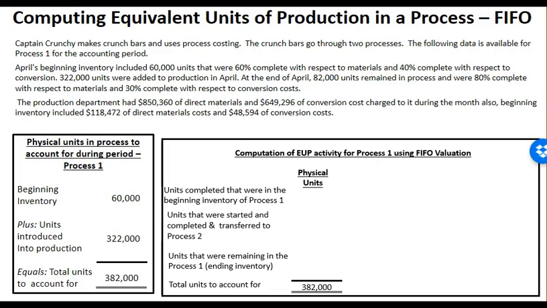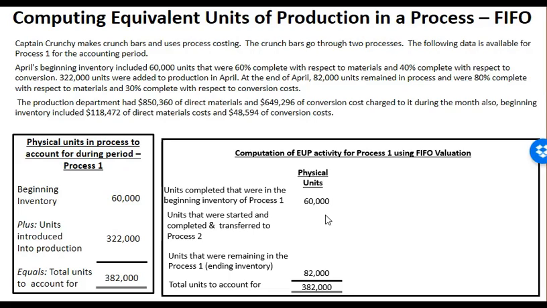Now we know our physical unit movement, and I'm going to recompute that here from our previous slide. I show the total units I need to account for are 382,000. I know I had 60,000 physical units in my beginning inventory, and 82,000 units in my ending inventory.